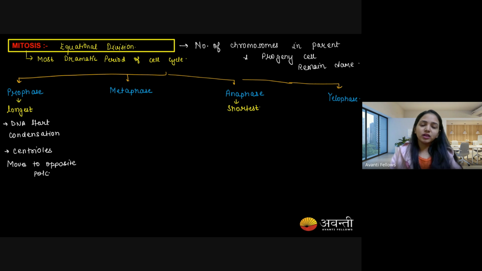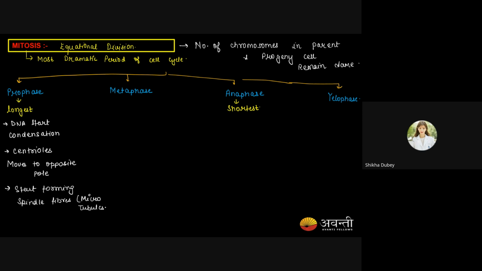Centrioles start moving सेल के opposite poles में and start forming spindle tubules, or we can say spindle fibers बनाना start कर देंगे, या फिर we can call it microtubules. ठीक है.